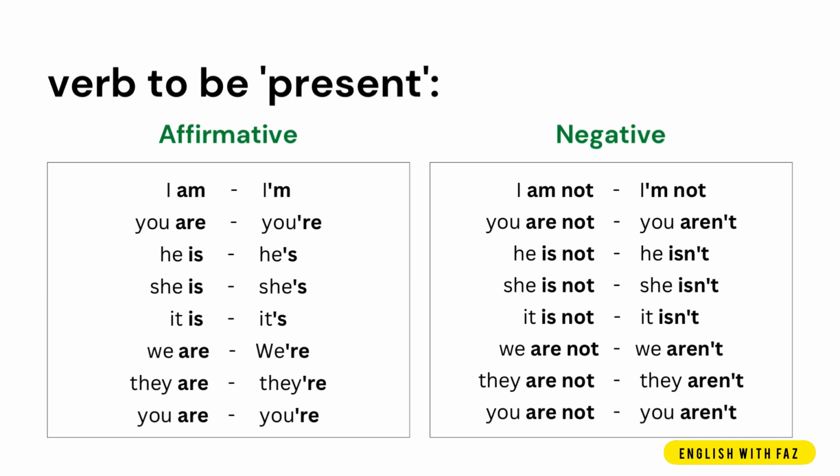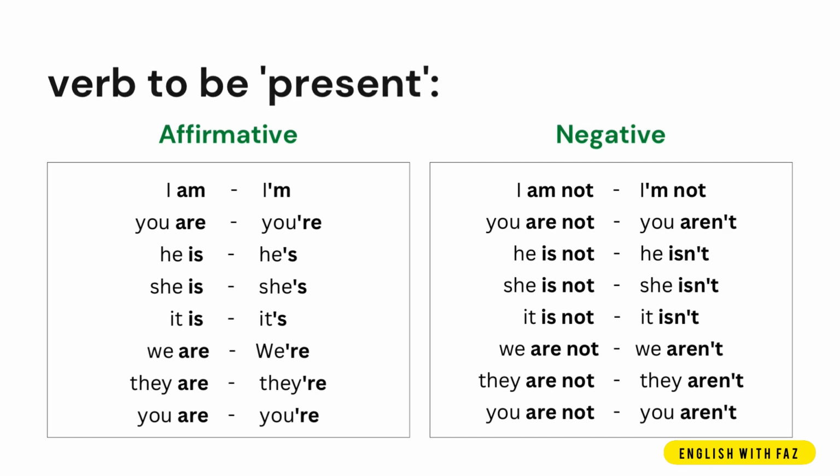In the affirmative, we say, I am, you are, he is, she is, it is, we are, they are, you are. In the negative, we say, I'm not, you're not, he is not, she is not, it is not, we are not, they are not, you are not.